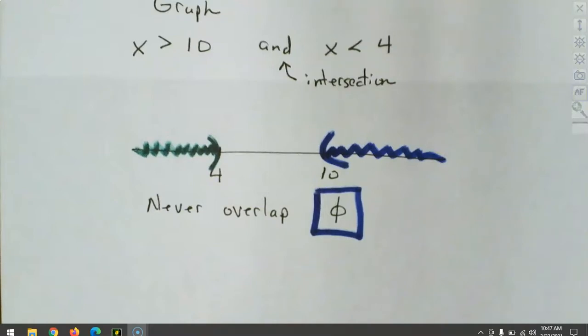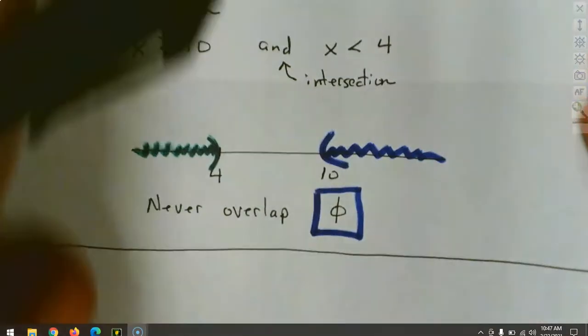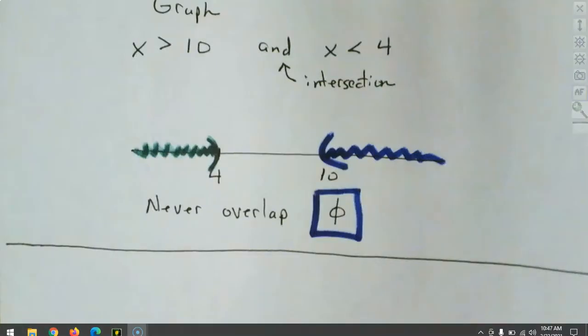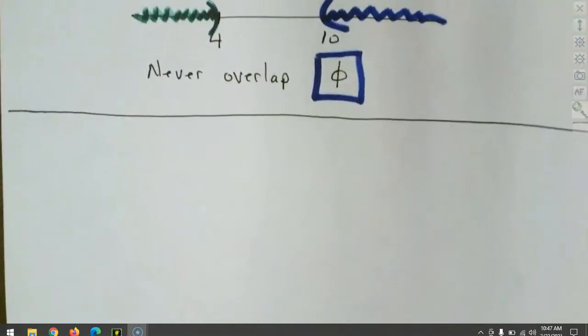Now let's talk about or. Or is different. What does or mean? Or means we're going to basically put them together. So when we work with these with the or, we're going to have to splice the pieces together.